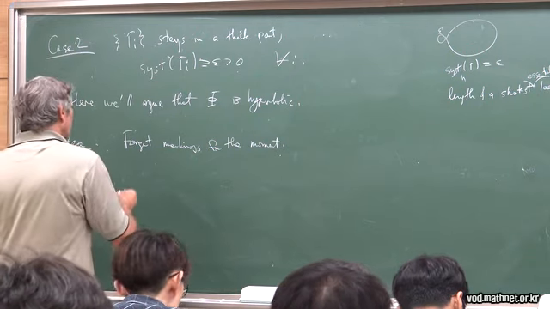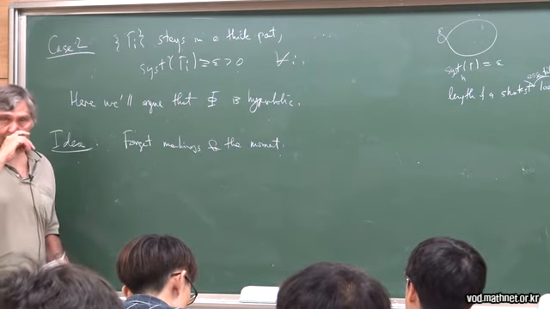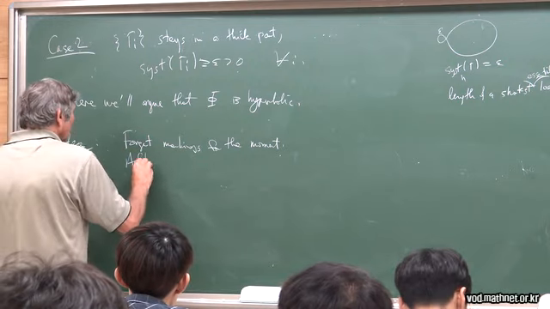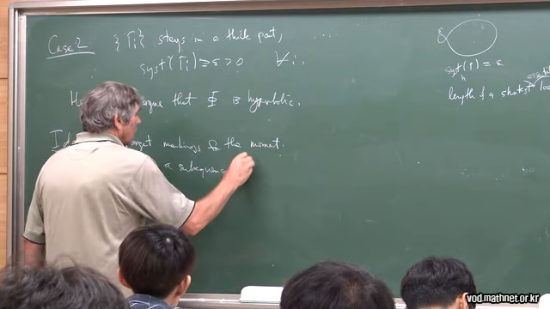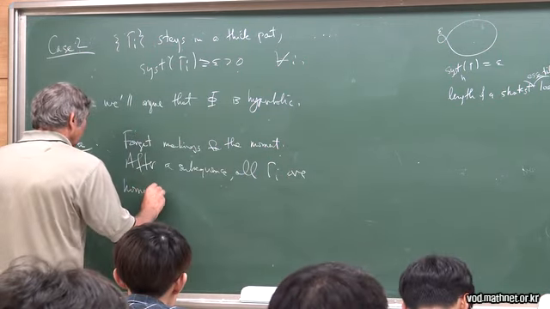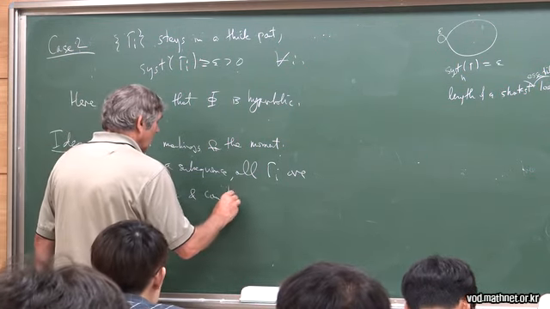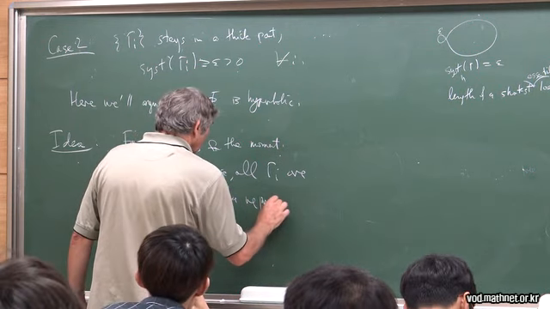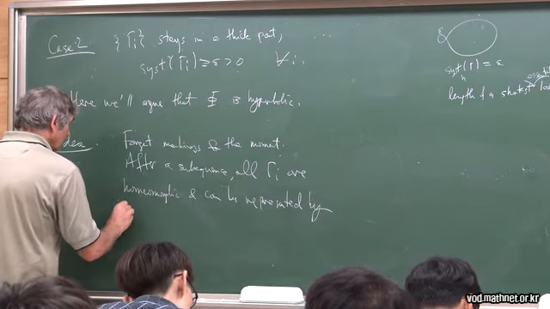And then after a subsequence, all gamma i's will be homeomorphic to each other. There are only finitely many homeomorphism types. So after a subsequence, all gamma i are homeomorphic and can be represented by points in a simplex.